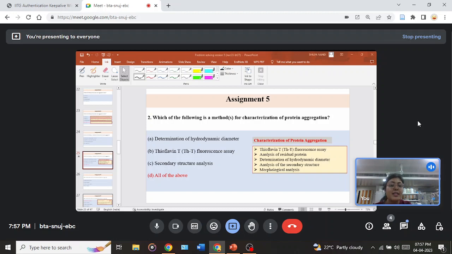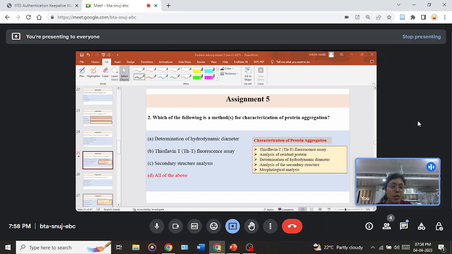Second is your analysis of residual protein. Third is determination of hydrodynamic diameter. Fourth is your analysis of secondary structure. And lastly, your analysis of the morphology. So we already have all three options here: determination of hydrodynamic diameter, THT fluorescence assay, and C, secondary structure analysis. So the correct answer is all of the above.